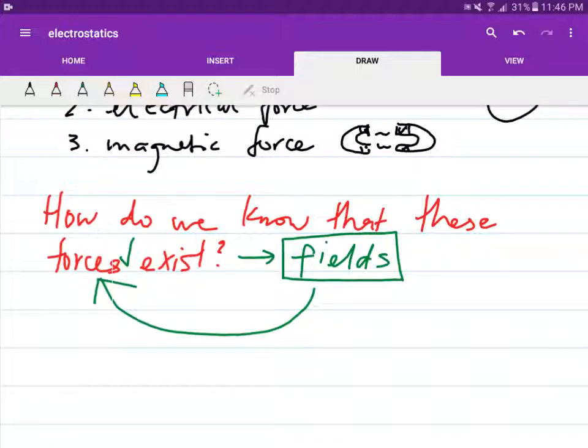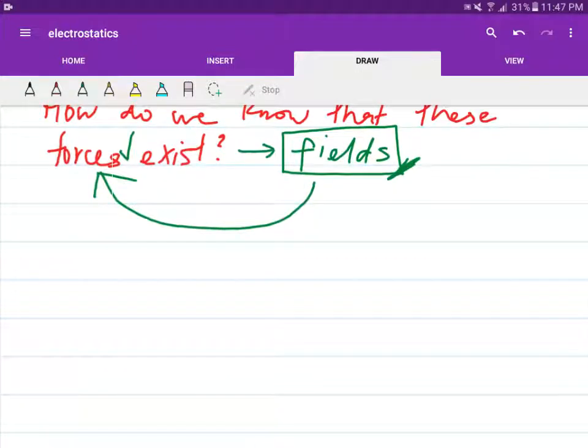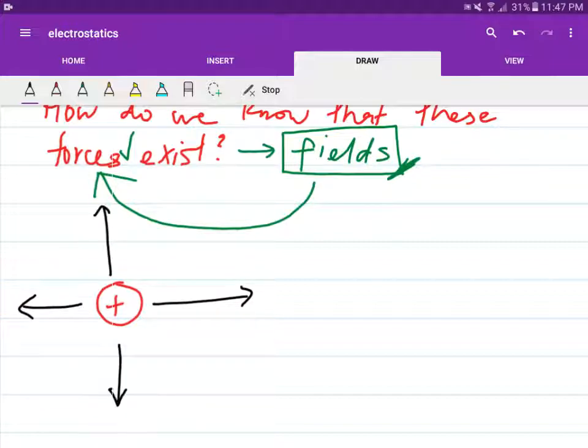So what are these fields? Let's look into a specific example of an electric charge, a positive charge. This positive charge sets up an electric field that is radially outward.